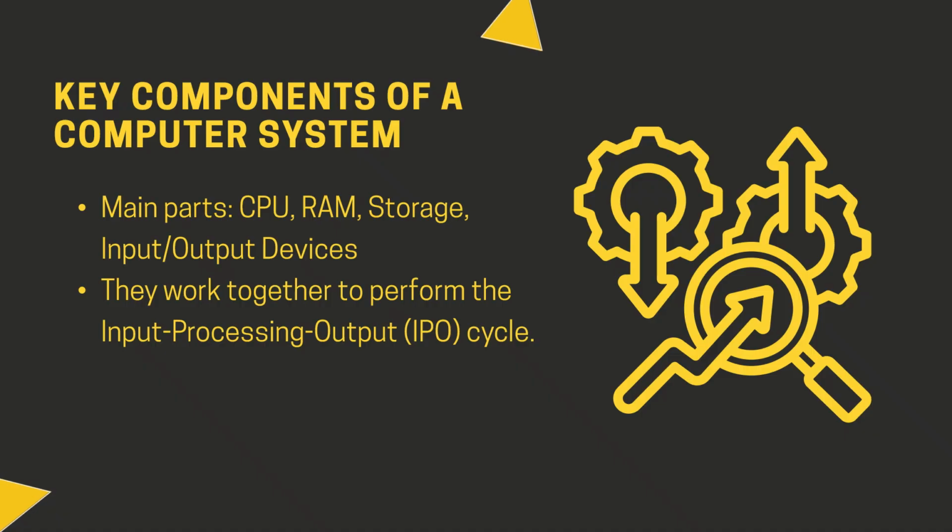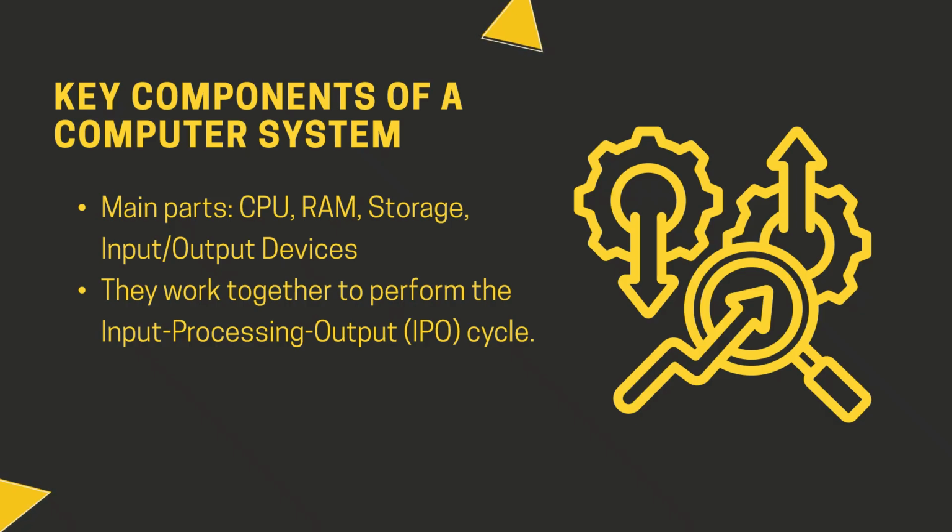A computer system, again, this is probably review for you, is made up of a CPU or central processing unit, which is the computer's brain. It's made up of RAM or main memory, which holds data temporarily while, say, a program is running. And then it has secondary storage like your hard drive or your SSD, which holds data more long term.